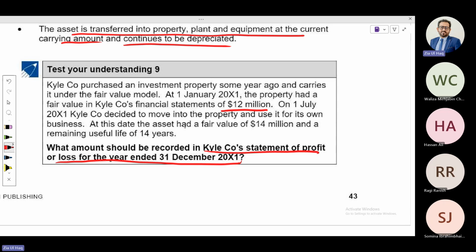At this date, the asset had a fair value of 14 million and a remaining useful life of 14 years. How much amount should be charged to profit and loss account? Please calculate that.